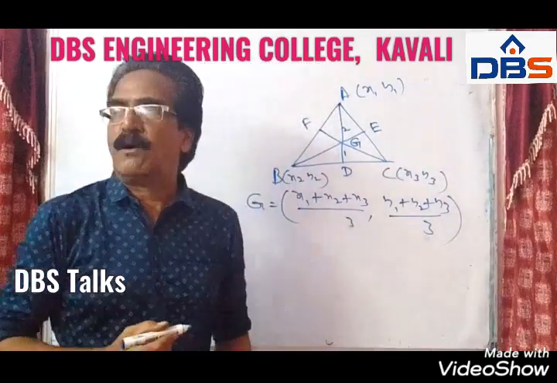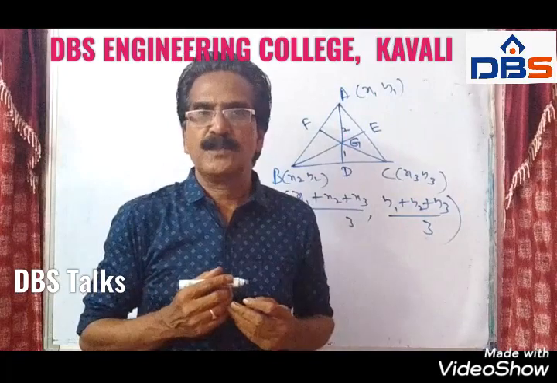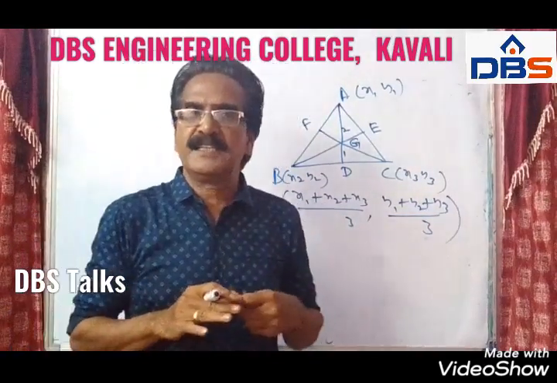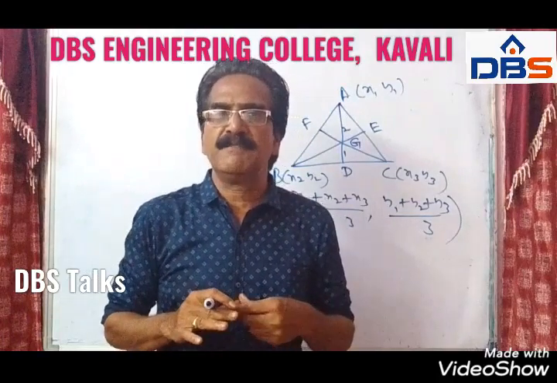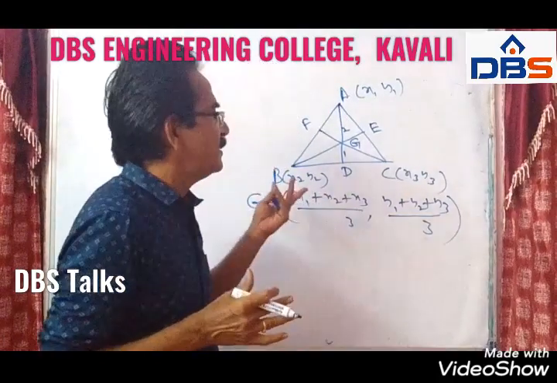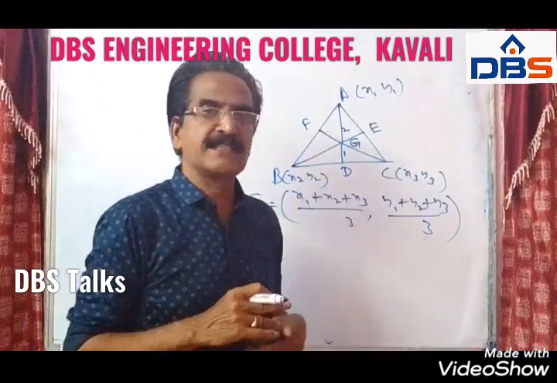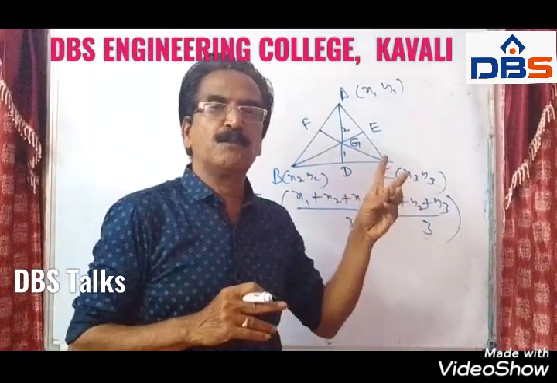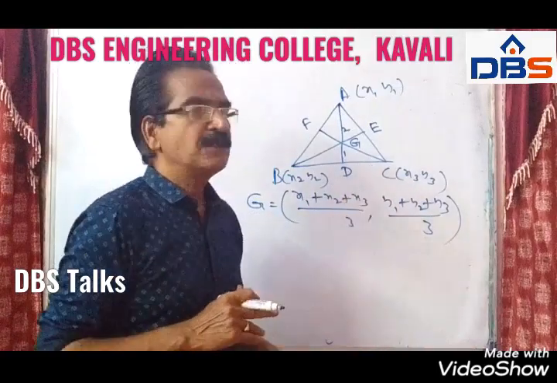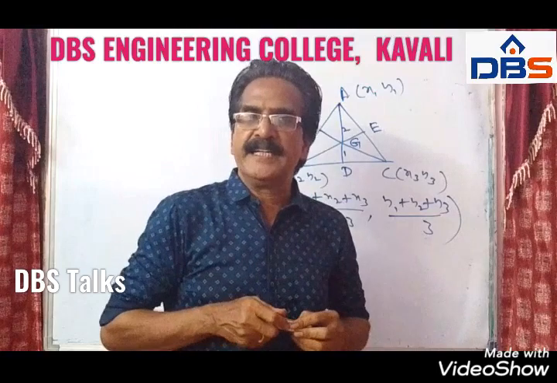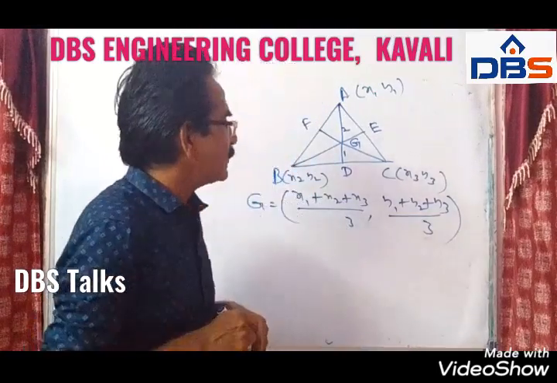These are the coordinates of the centroid. If all three vertices are given, then you get the centroid from this. This is one way of finding a centroid.